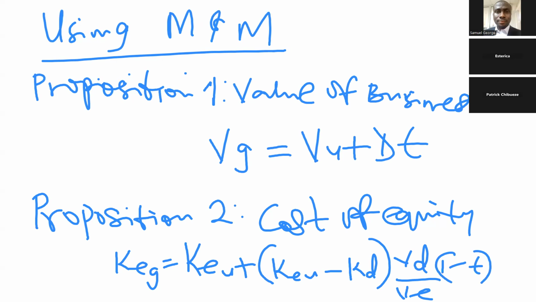So this is the formula for proposition two. Proposition two is the most important one, and the examiner will give the formula. So we just need to learn how and when to use it. I can move to the next slide.